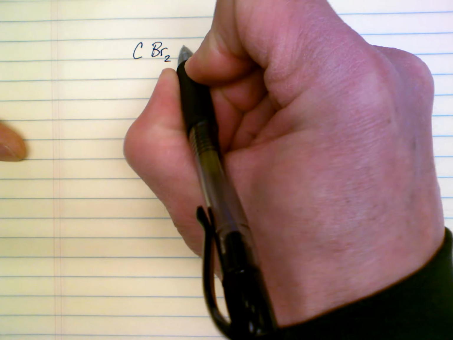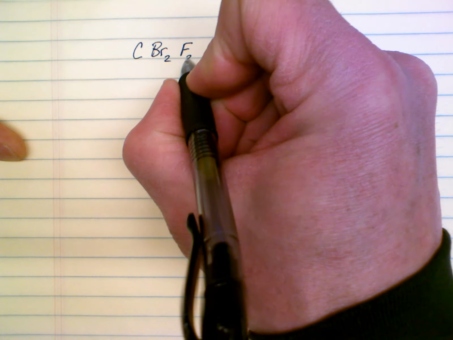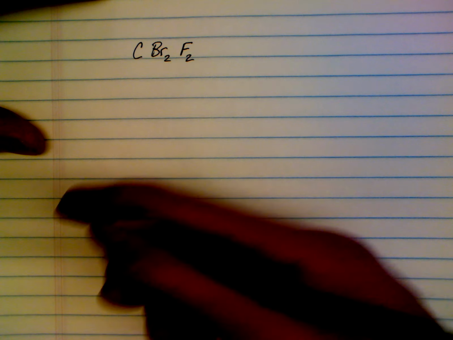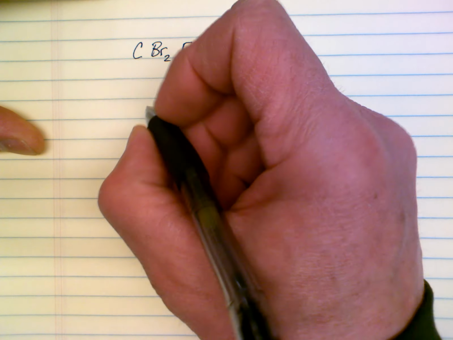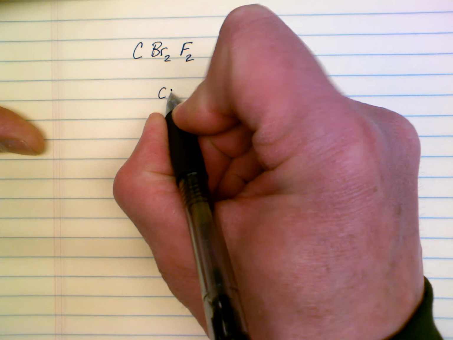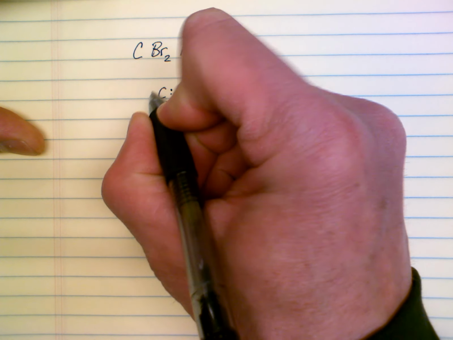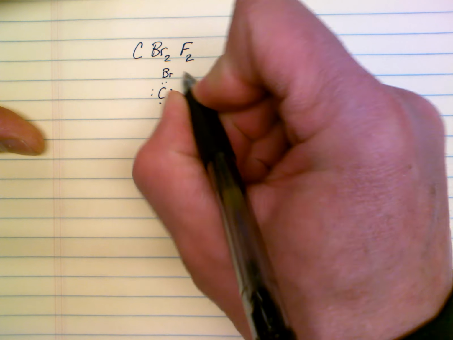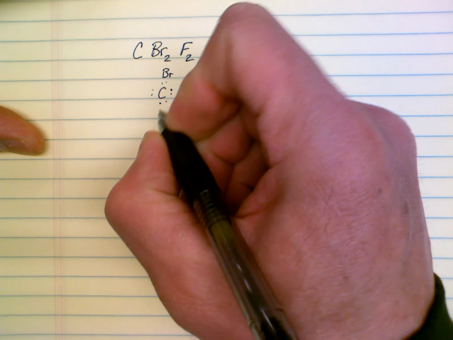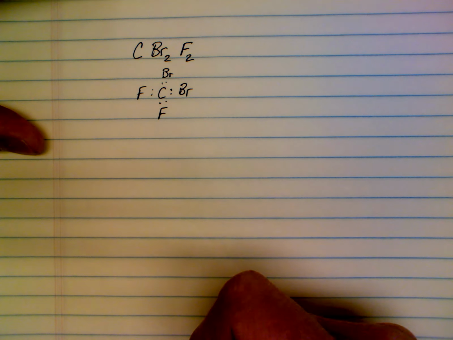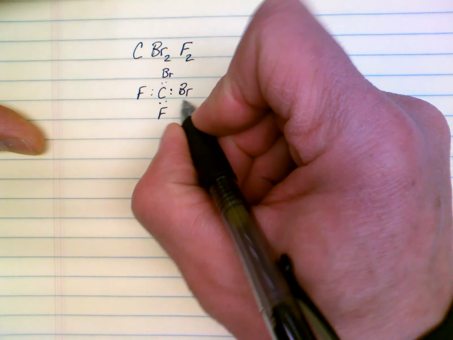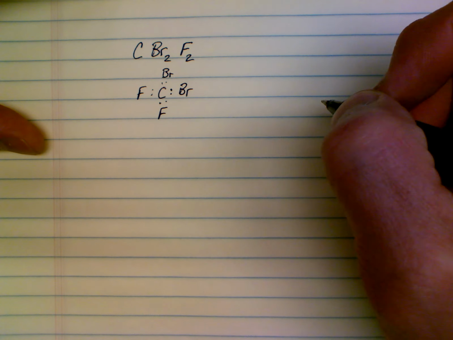For example, if I had carbon bonded to bromine and to fluorine, we do the Lewis structure, and it ends up looking like this. We're going to have bromine attached to the molecule on two of the sides and fluorine on the other two. And of course, we'd have all 8 dots around each one of the bromines and the fluorines.